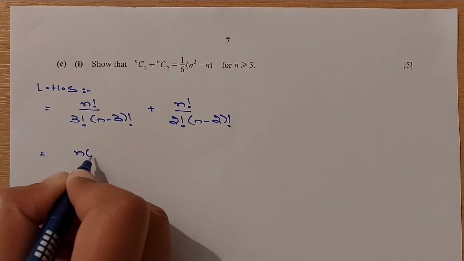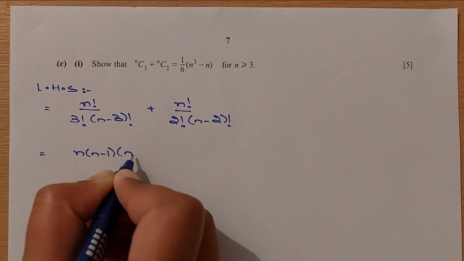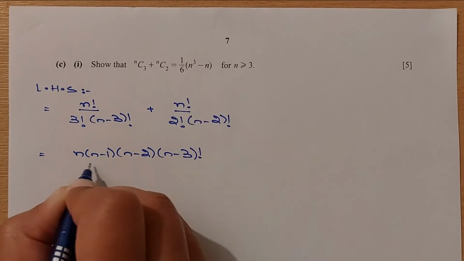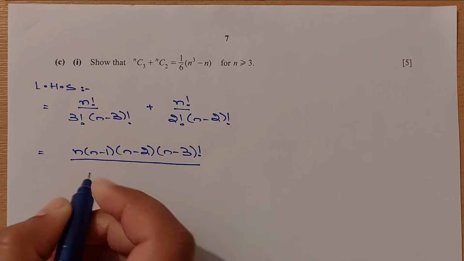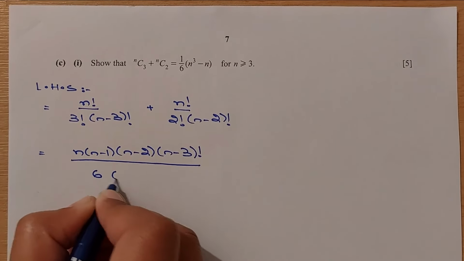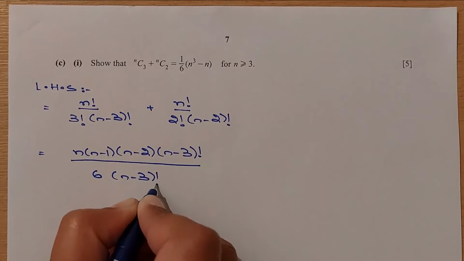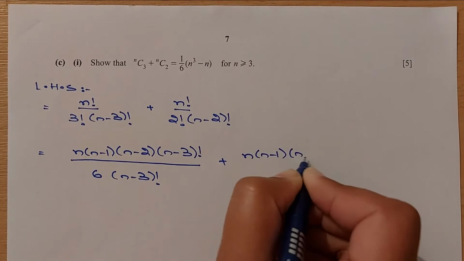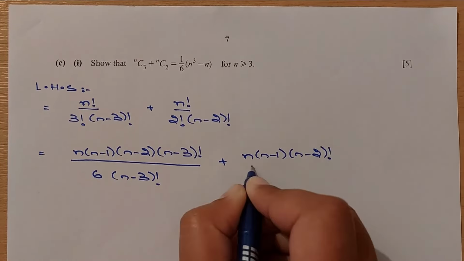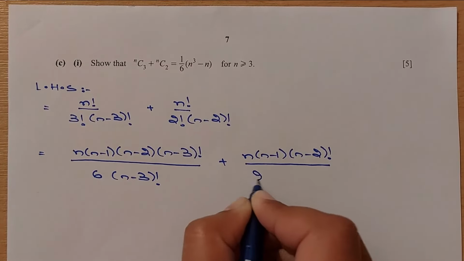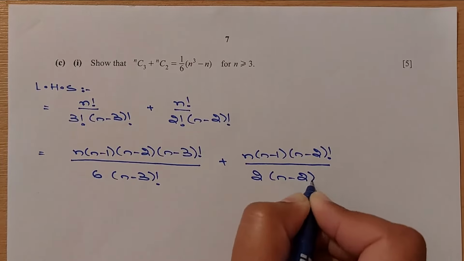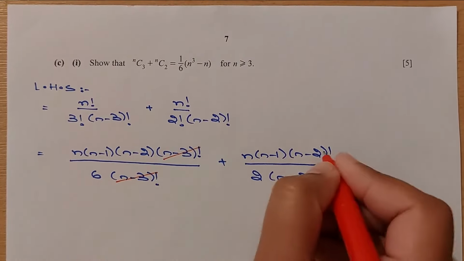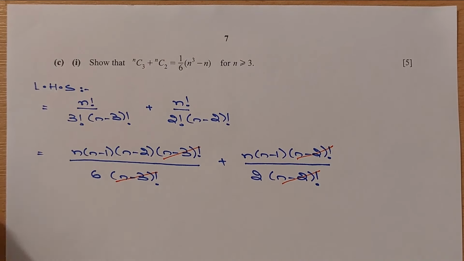So this is n into n minus 1, n minus 2, and n minus 3 factorial, divided by 3 factorial, which is 6, and n minus 3 factorial, plus n into n minus 1, n minus 2 factorial divided by 2 into n minus 2 factorial, right? So we can cancel n minus 3 factorial and n minus 2 factorial.